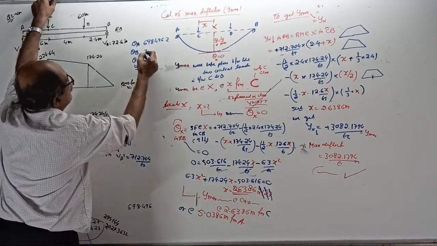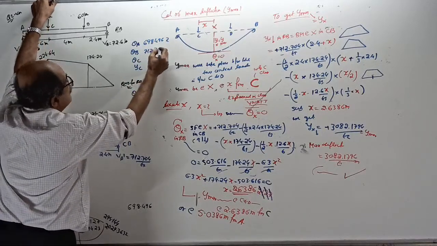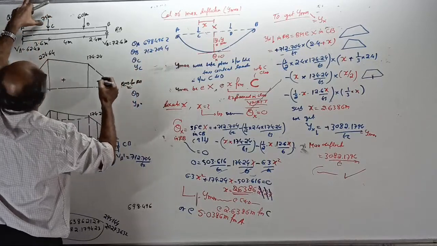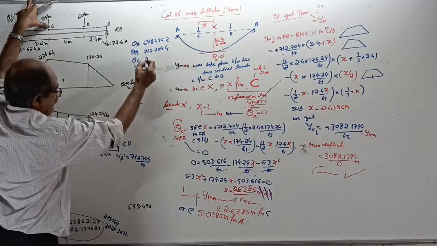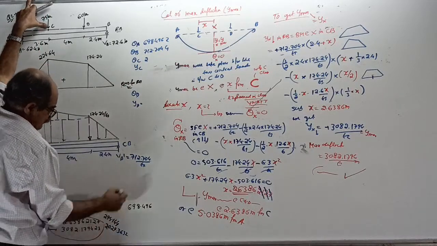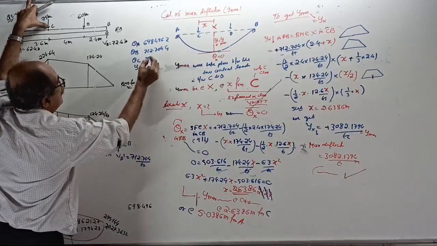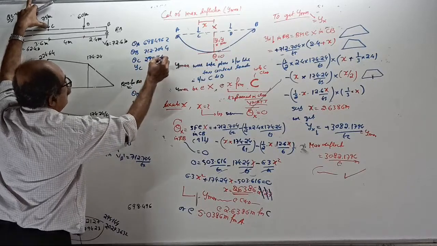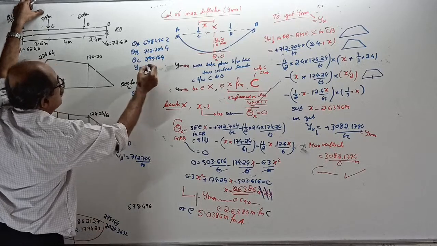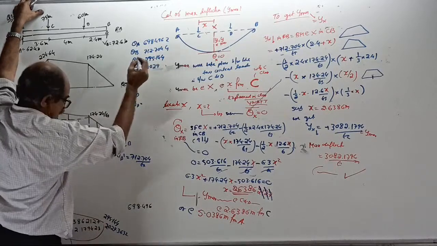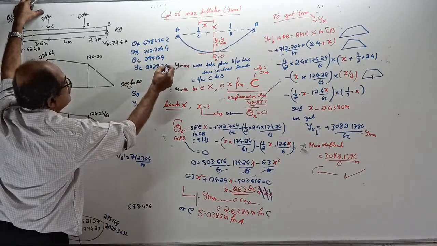Theta B is 712.704 anti-clockwise. Theta C, whatever I got for theta D last time, that is theta C: 295.144. Whatever deflection I got here is here now: 2029.3632.